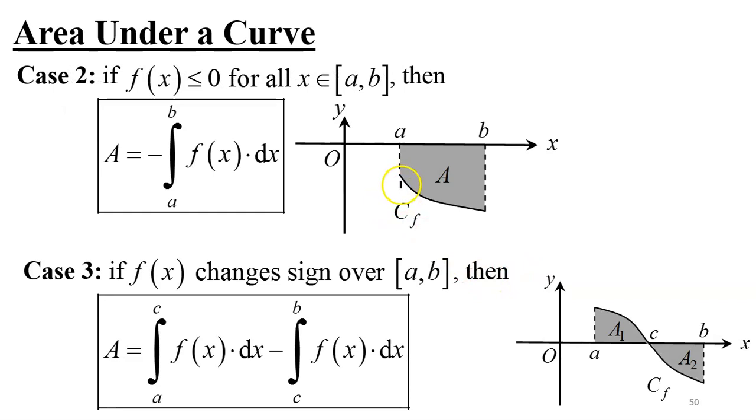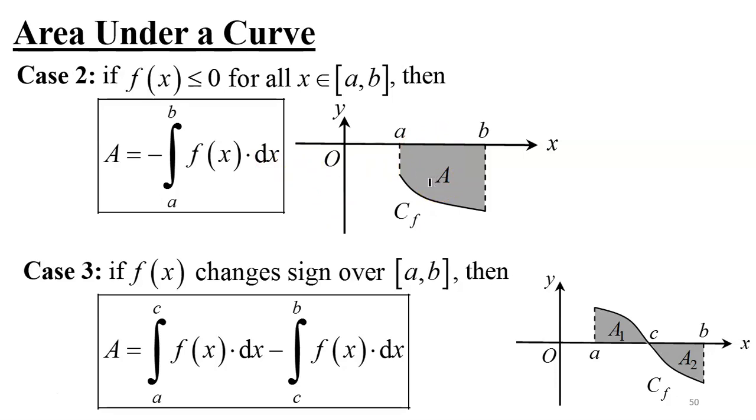However, if f of x is negative, now f of x is negative when the curve representing f is below the x-axis. So when f of x is negative, according to the properties of definite integrals, then the integral from a to b of f of x is negative. However, we cannot have a negative area.